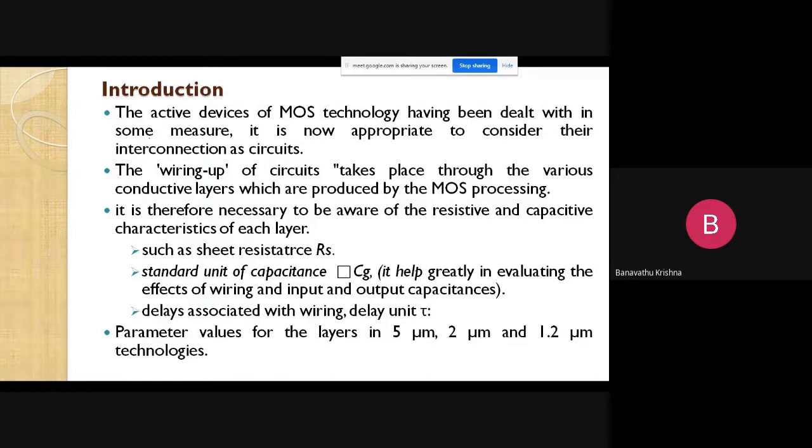We are going to calculate some of the major parameters to get the accurate response, right?